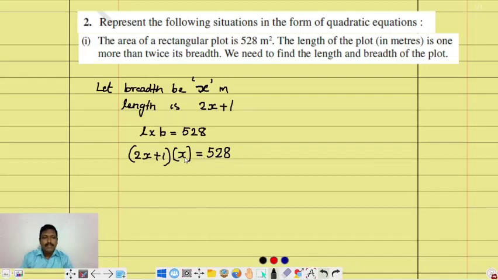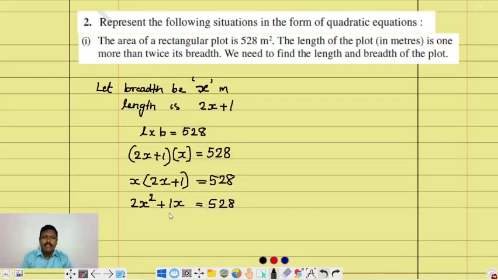Okay. So for making the calculation easy, we can write this x first. So x into 2x plus 1 is equal to 528. Open the bracket, you will get x into 2x will be 2x squared plus x into 1 will be 1x, or simply you can write x, is equal to 528.